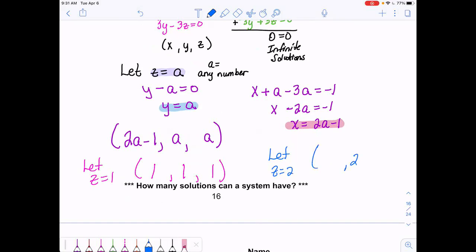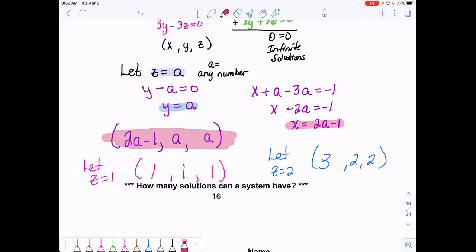And then my y is 2, my z is 2. But the a value would be 3. So I can still find an infinite number of solutions, but those infinite number of solutions must meet that pattern. So they can't just be a random number or ordered triple.